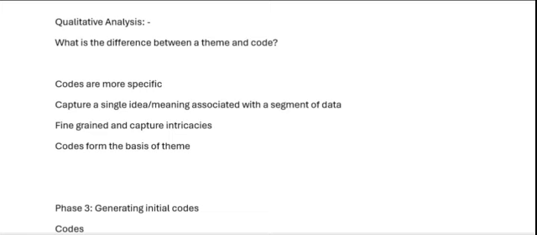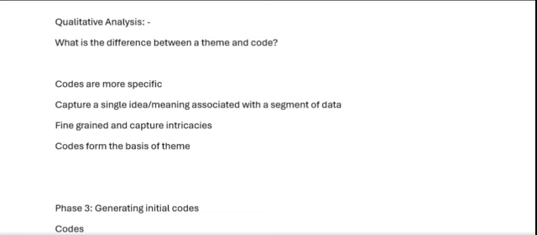Recommended references. Braun, V. and Clarke, V., 2013. Successful Qualitative Research: A Practical Guide for Beginners. Sage. Braun, V. and Clarke, V., 2021. Thematic Analysis: A Practical Guide. Sage. Howitt, D., 2013. Introduction to Qualitative Methods in Psychology, 2nd ed.